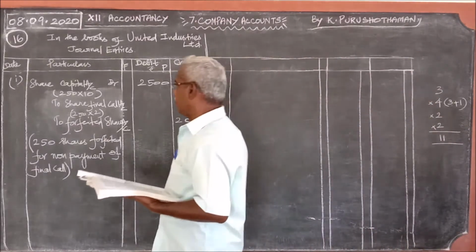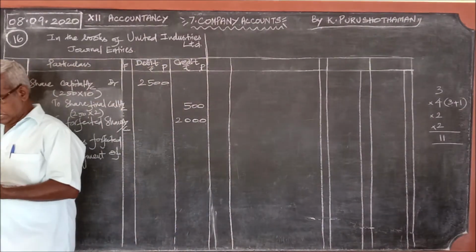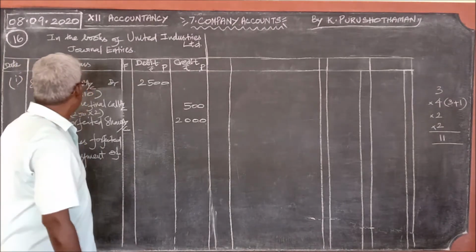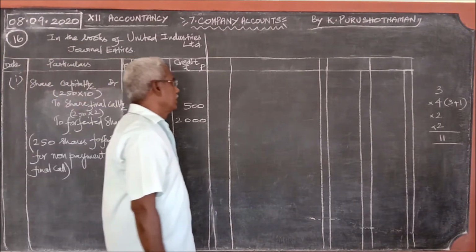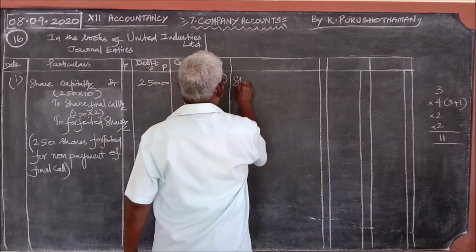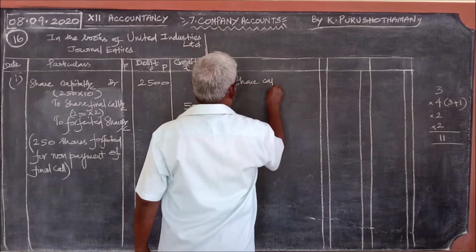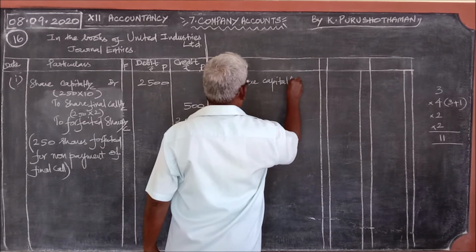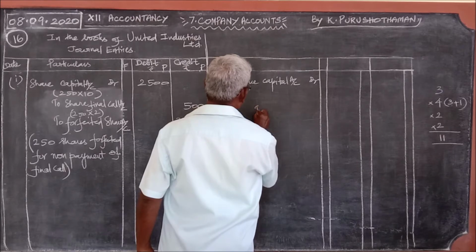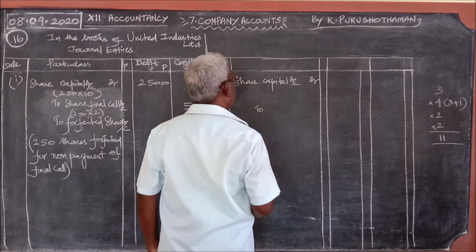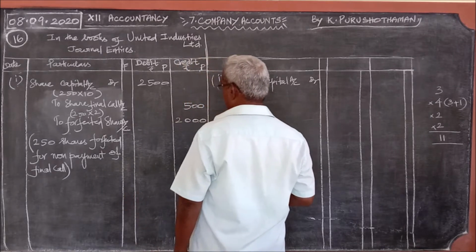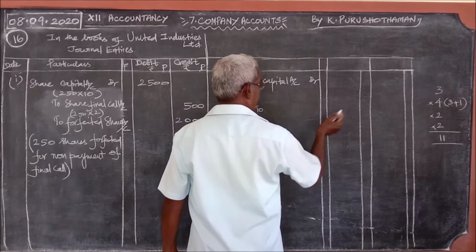There is a main difference in this. You should listen very carefully. What we usually write for the forfeiture: share capital account debit to... What are the stages, the amount not paid?